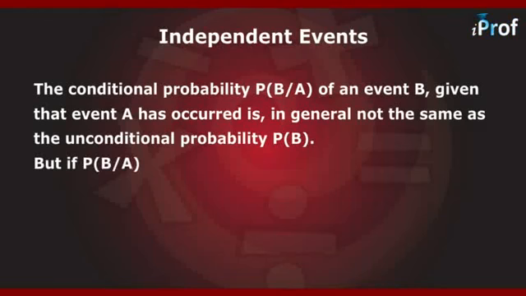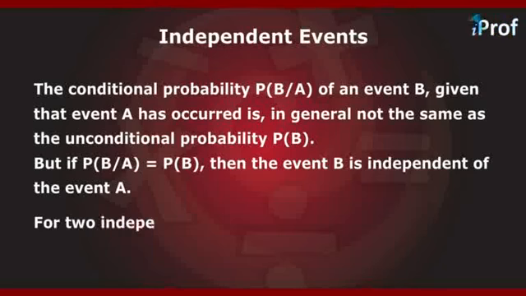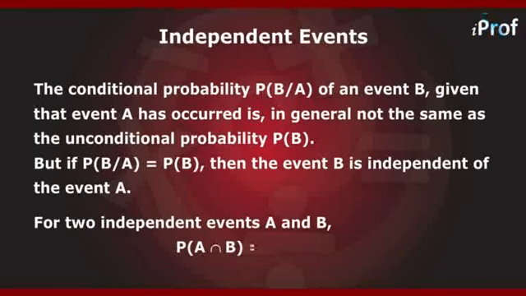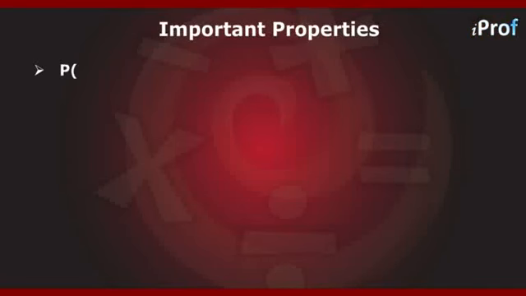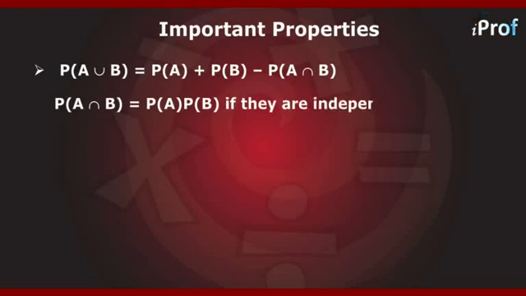But if P(B|A) is equal to P(B), then the event B is independent of the event A. For two independent events A and B, P(A intersection B) is equal to P(A) into P(B). P(A union B) is equal to P(A) plus P(B) minus P(A intersection B). P(A intersection B) is equal to P(A) into P(B) if they are independent events.